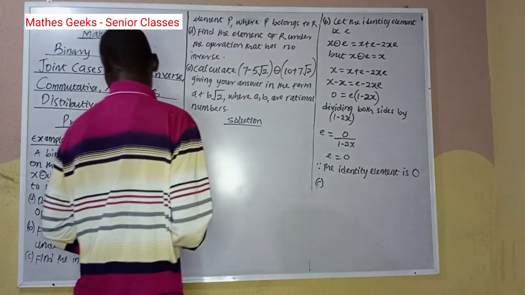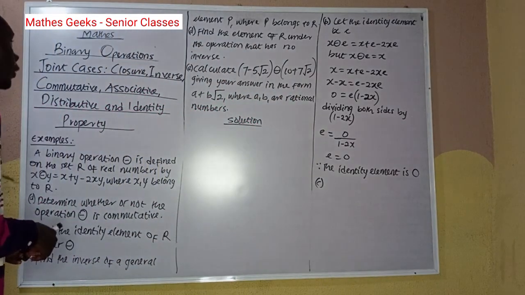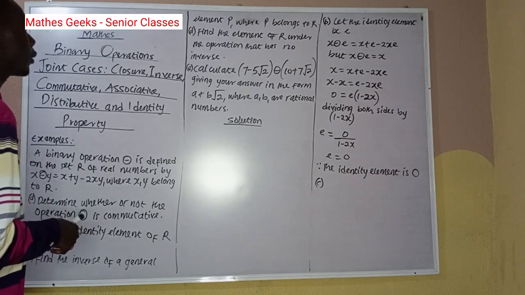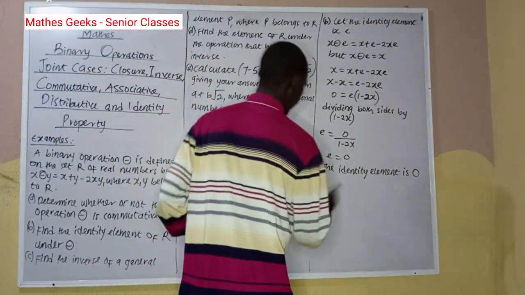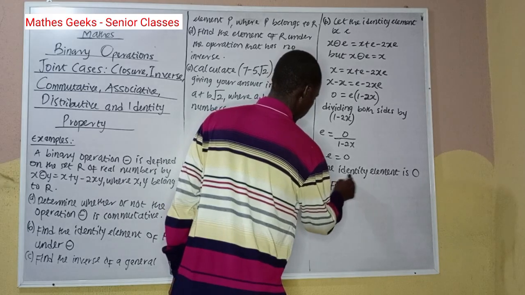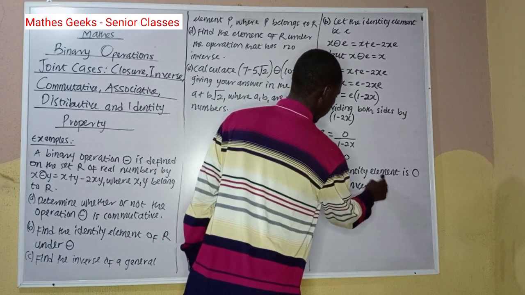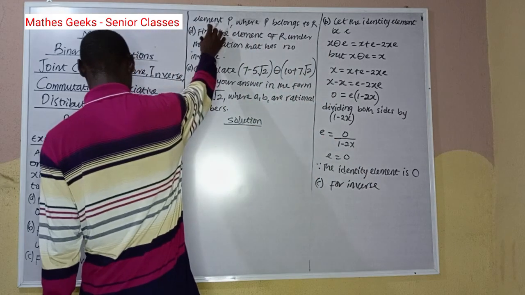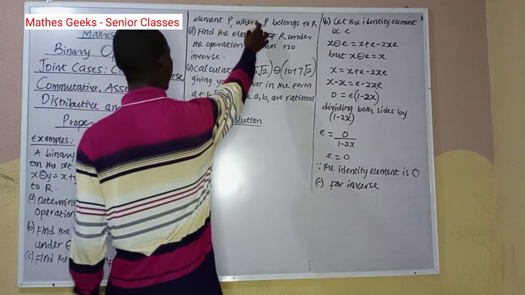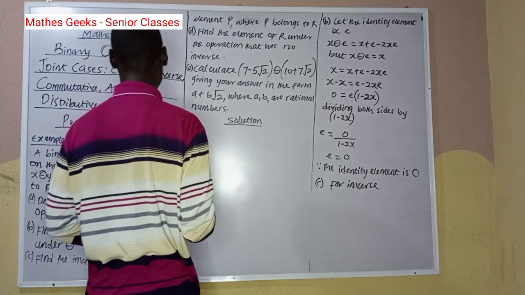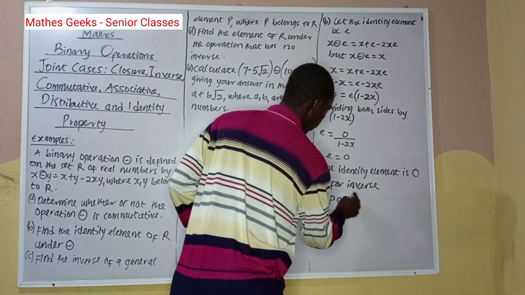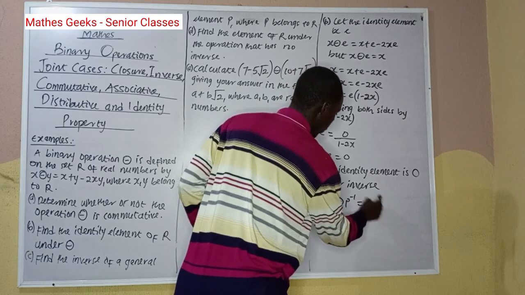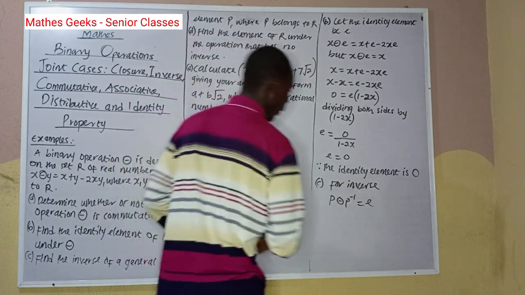C, find the inverse of a general element P, where P belongs to R. Since P also belongs to the set R of real numbers, P * P⁻¹ should be equal to the identity.